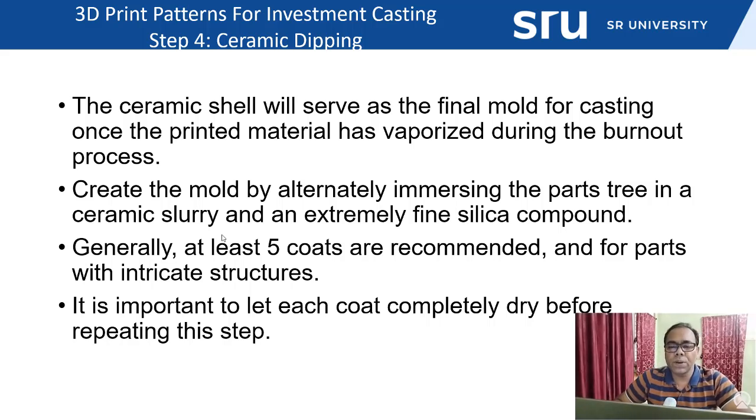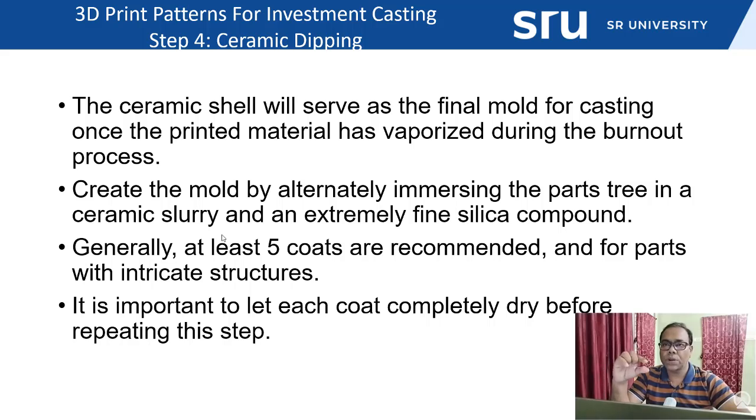This will create the mold by alternately immersing the part tree in the ceramic slurry, and then finally an extremely fine silica compound. Generally, after at least 15 coating processes, you have to apply multiple coats over the tree surfaces so that the proper thickness of coating is achieved.